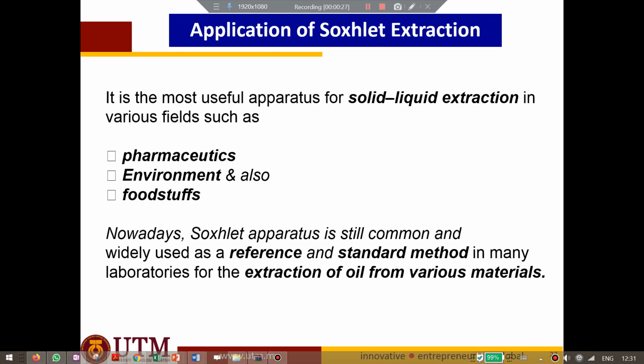I had a cream pharmaceutical product, so I needed to extract the dexamethasone because it is in the form of cream. It's not highly efficient if we just use liquid extraction, so we proceeded with the Soxhlet extraction.